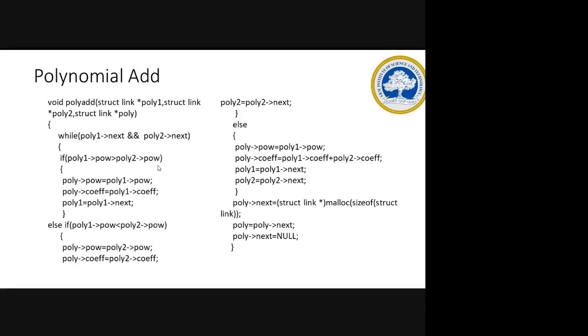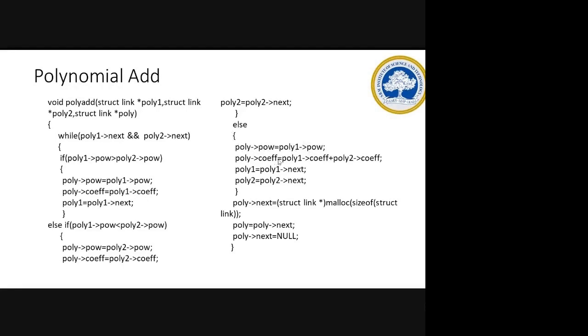In case poly 1 is not having a greater power and poly 2 is also not having the greater power, it means both are equal. In that case, you will be copying either one's expression to poly, since both are having the same power value. Here we are taking poly 1 by default to the result.